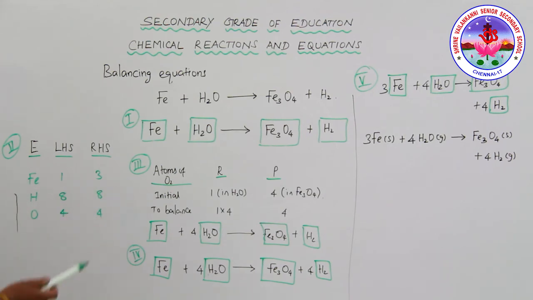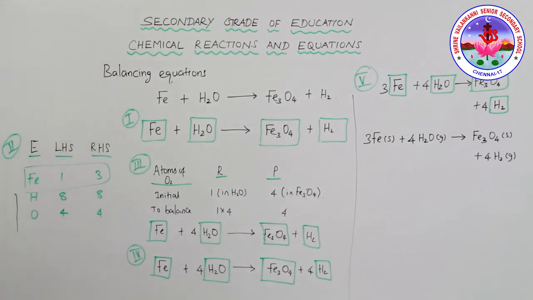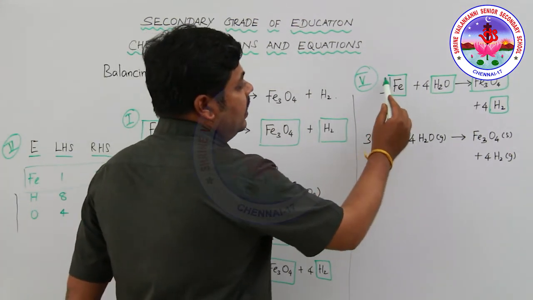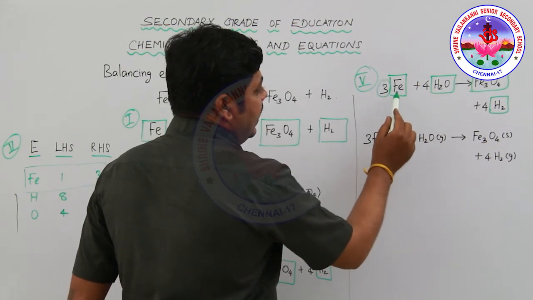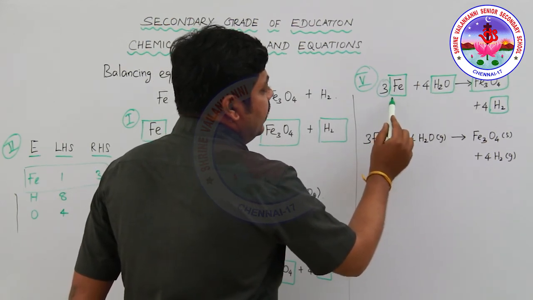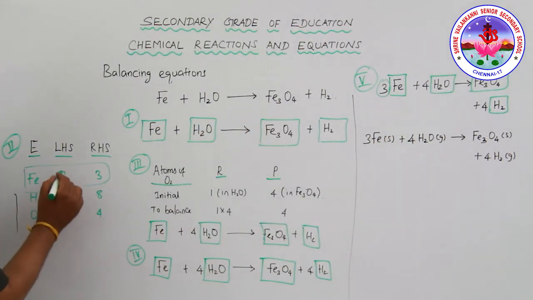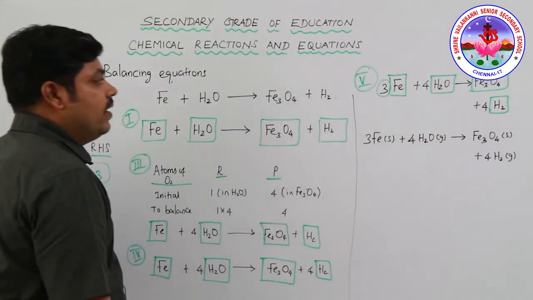The remaining is what? Iron you have to balance. How many irons are there in the right hand side? 3. So you have to balance the equation in the left hand side. So multiply by 3 the iron in the reactant side, you will get 3 iron in the left hand side. The right hand side also you have 3 iron.